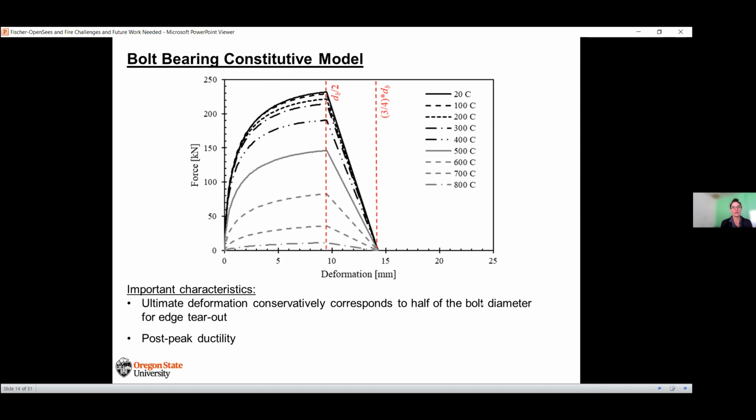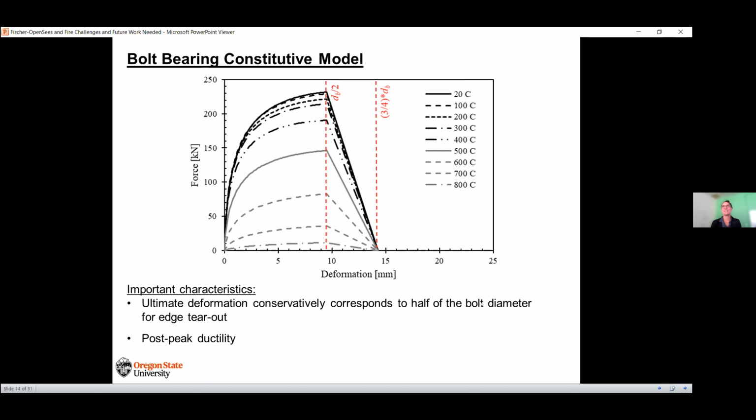For the bolt bearing behavior, we do see the same ductility at every single temperature, and we see this in our experimental tests that have been performed previously. But other researchers have not included any post-peak behavior in their bolt bearing constitutive models.